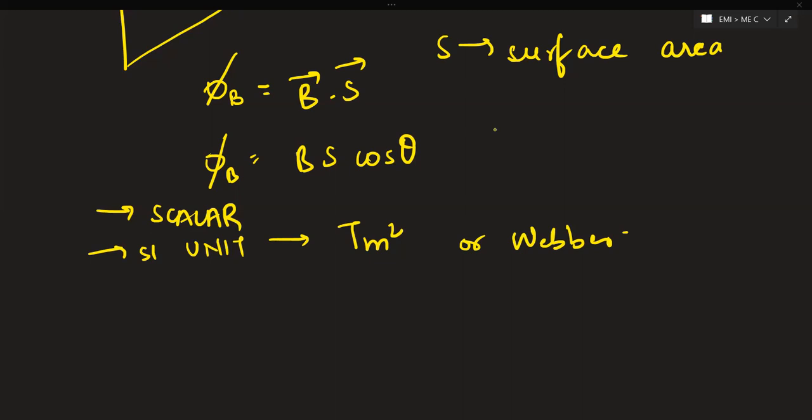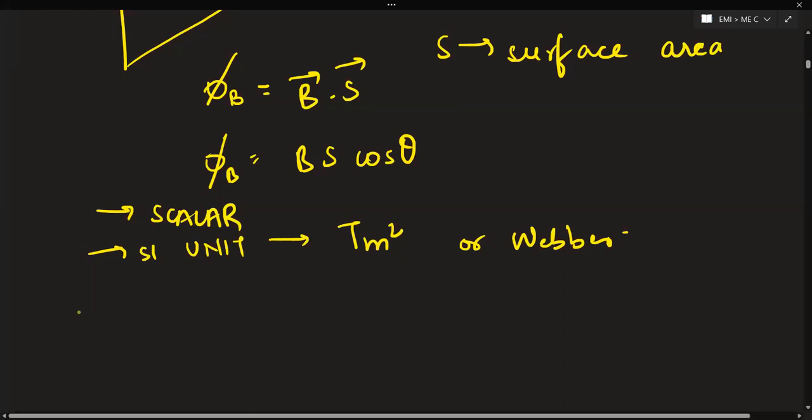See class, one thing I forgot to mention right now: if the magnetic field is variable, then how will you use it?